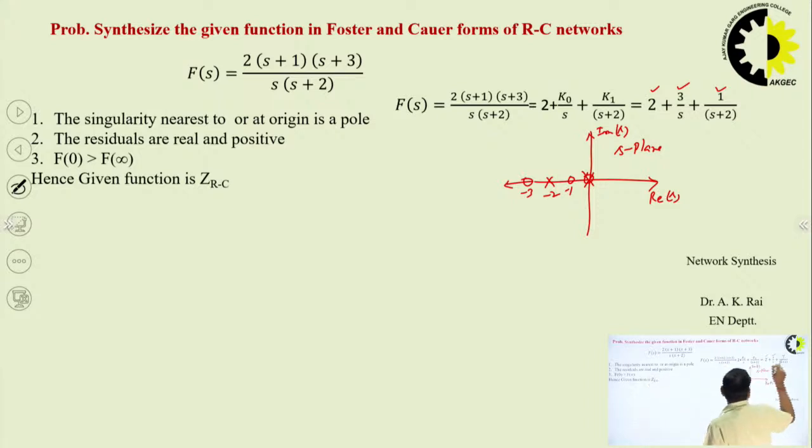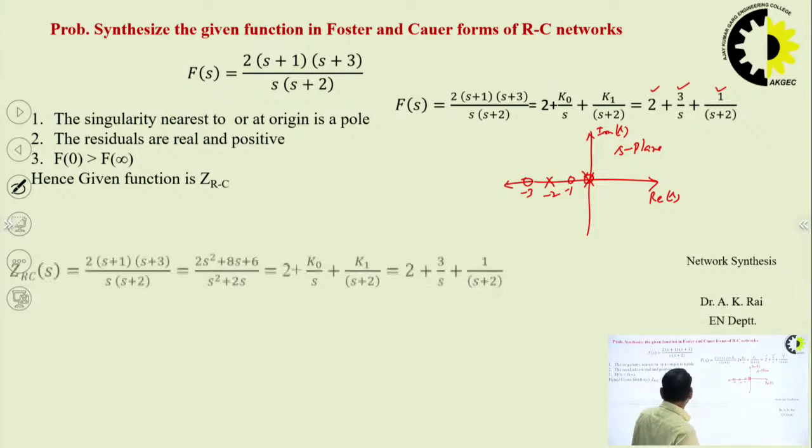And the residues of the poles are real and positive, 3 and 1. Then we can also check f0 and f infinity for this function. Here f0, when the limit s tends to 0, is greater than when the limit s tends to infinity. So f0 is greater than f infinity.